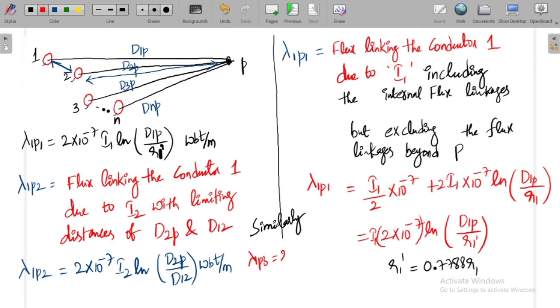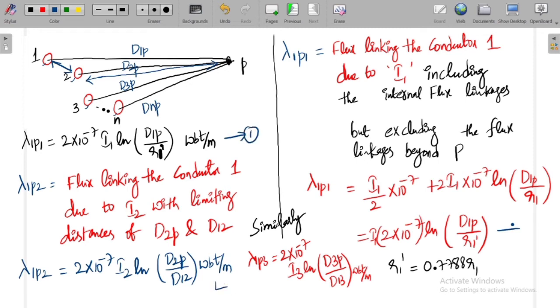What is lambda 1P3? It can be given by 2 times 10 power minus 7 I3 into ln of d3p by d31. What are the limiting distances now? 3 to P is one distance and 3 to 1 is another distance. We need to consider the flux in between the points 3 to P to 1. These are the limiting distances.